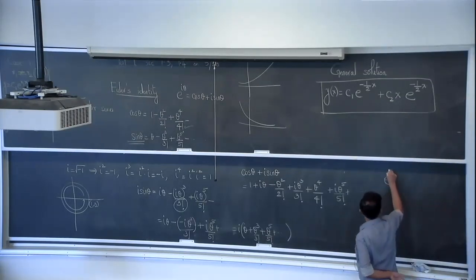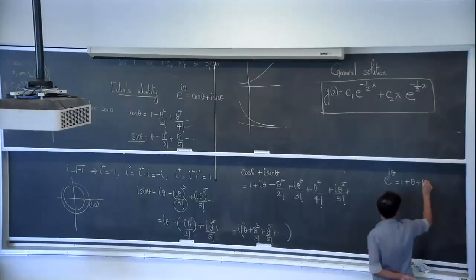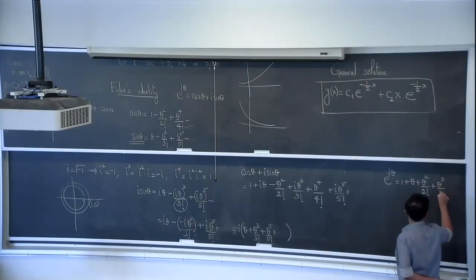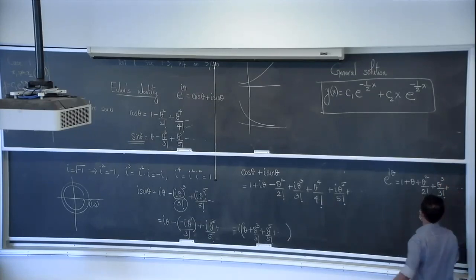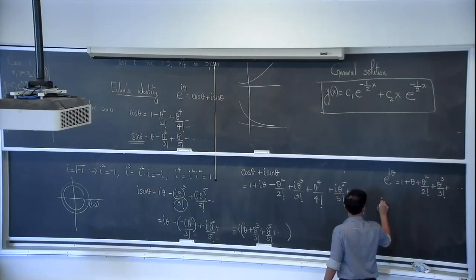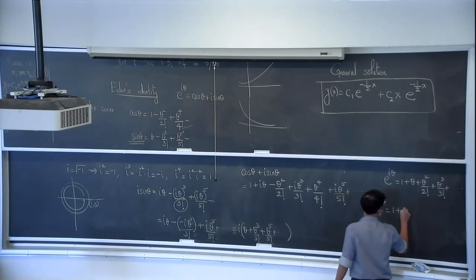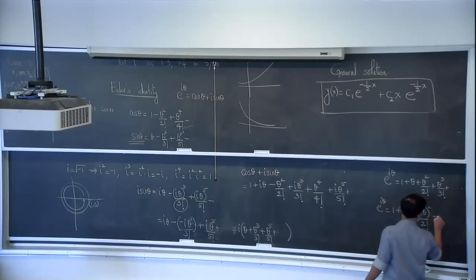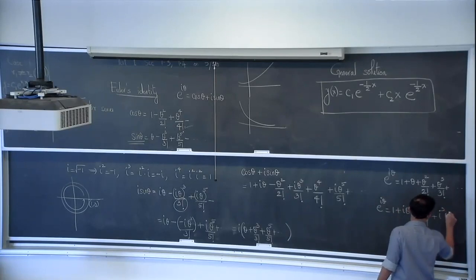And e to the power of i theta, if we use its Taylor series, e to the theta is 1 plus theta squared over 2 factorial, and if you replace this theta by i theta, plus i to the power of 3, theta to the power of 3 over 3 factorial.